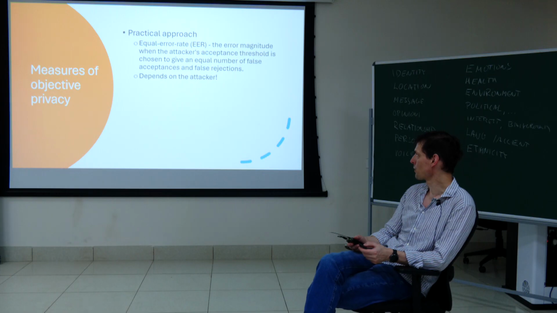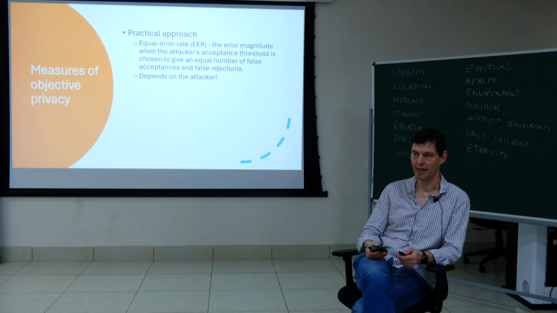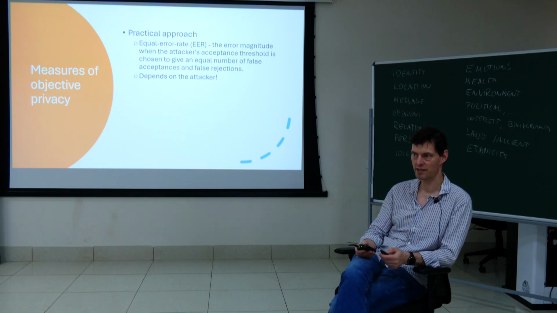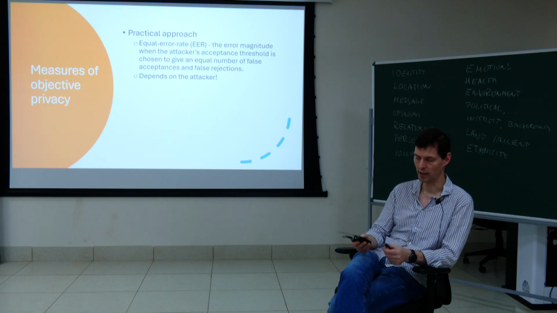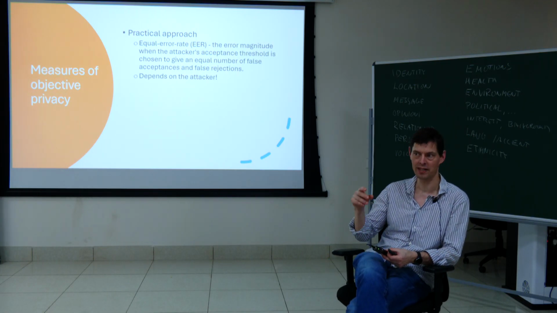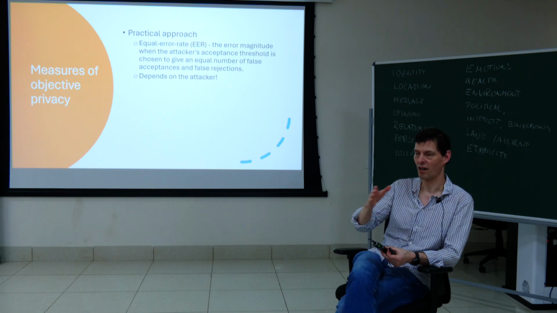So the practical approach is the attacker model approach, where you look at the true positives and false positives and false negatives. Look at the ratios and you tune them to equal error rate. But basically, you always have to choose how much you have of those errors.